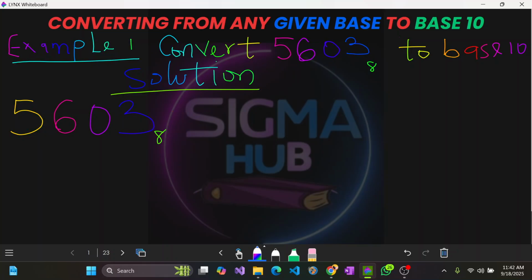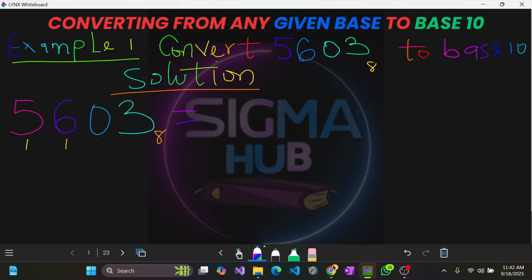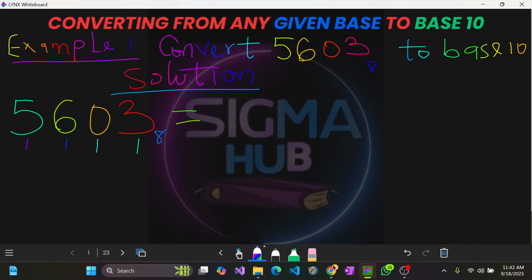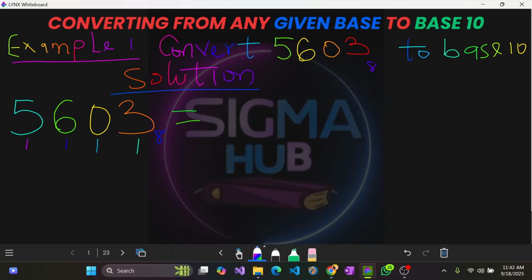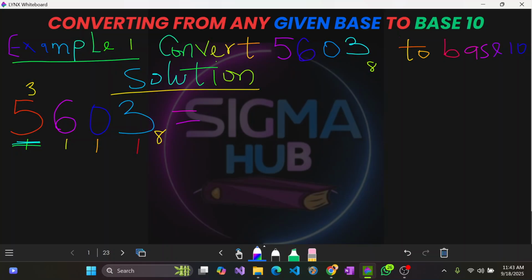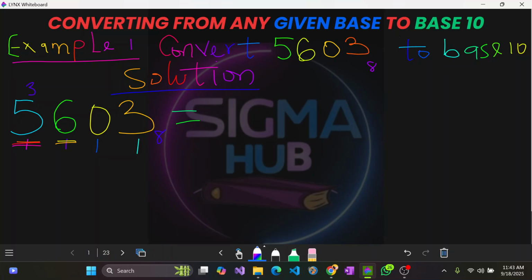We are going to multiply each of these digits, 5, 6, 0, and 3, by the base given to us, but using powers. If we are multiplying 5 by 8, then the power would be 3, that's 8 raised to the power of 3. If we are multiplying 6 by 8, then the power will be 2.